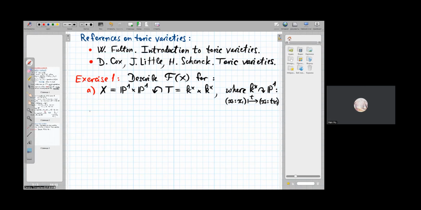And yet another 2-dimensional toric variety is the blow up. So X is the blow up of one of the fixed points in P2. For instance, you may take a point with these projective coordinates in P2.